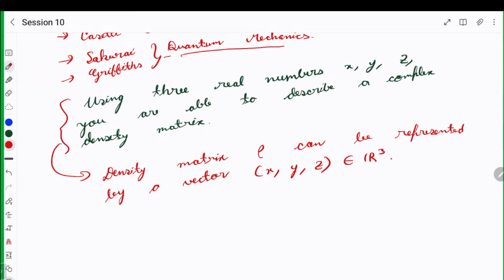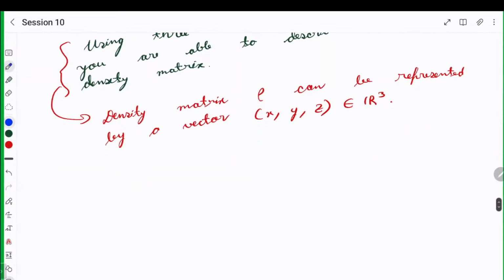Now, one thing to notice is that this cannot be any vector in R3. The vector has to satisfy the constraint that x squared plus y squared plus z squared is less than or equal to 1.